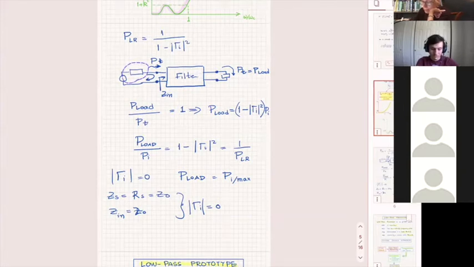As this maximum power goes into the filter, if the filter does not have losses, does not have resistors, for example, it's an ideal filter, then everything goes to the load. And in that case, P load over PI is 1. Under any other conditions, P load over PI is not going to be 1.